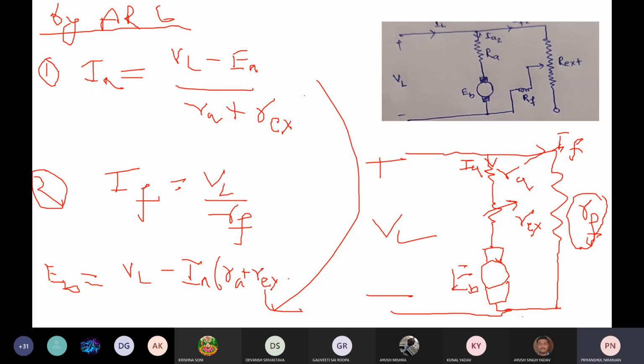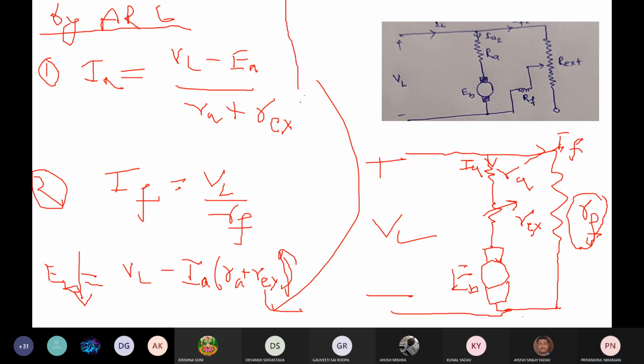Fine na? This is correct na? This equation correct or not? From equation first, so we increase the external resistance. External resistance means this voltage drop increases, EB decreases.